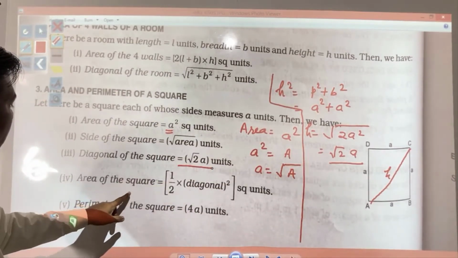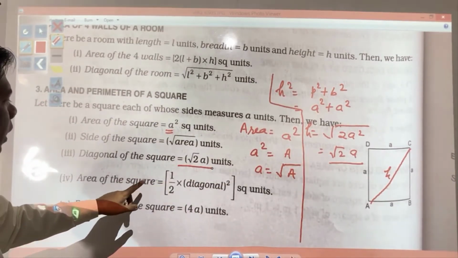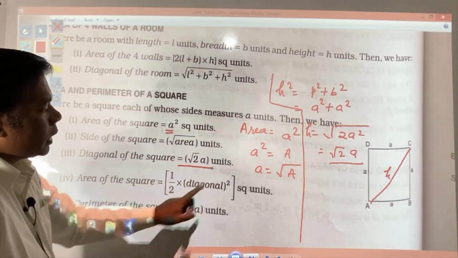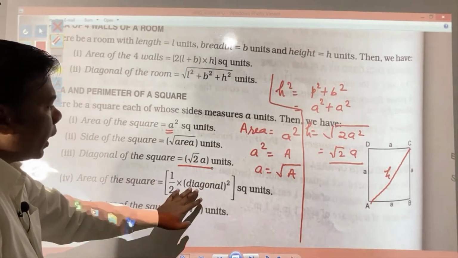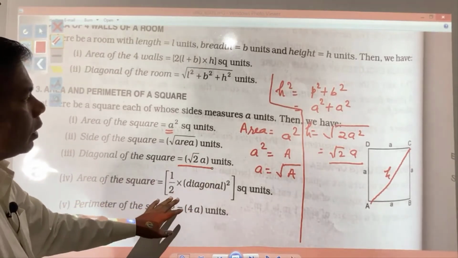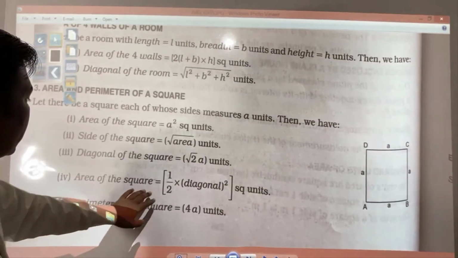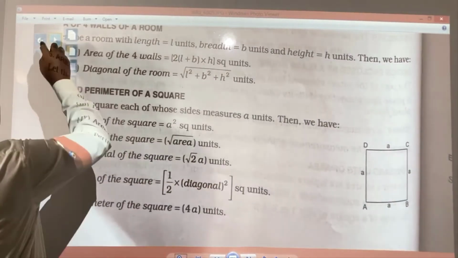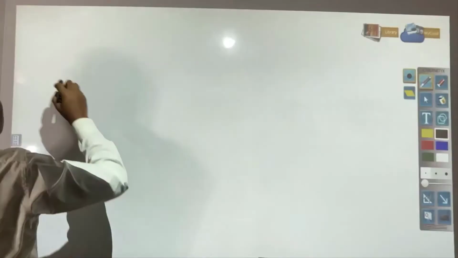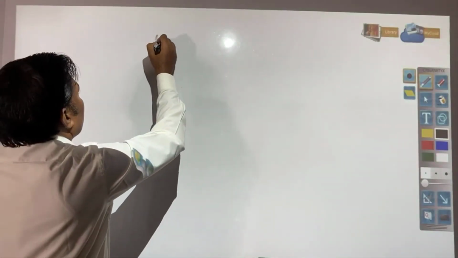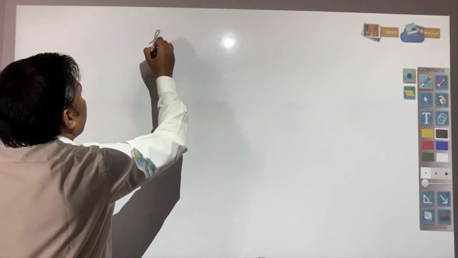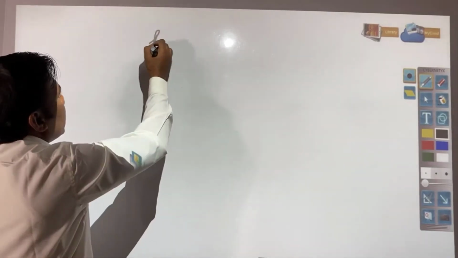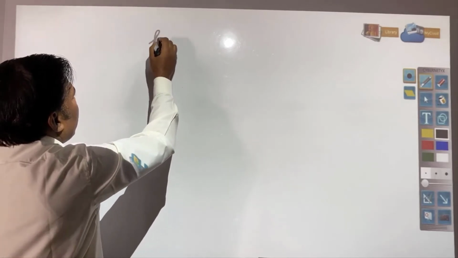Area of the square is also equal to half into diagonal square. Why has half into diagonal square been given? Here you see how we will get it. As we have just seen, H means hypotenuse, but here this is the diagonal.